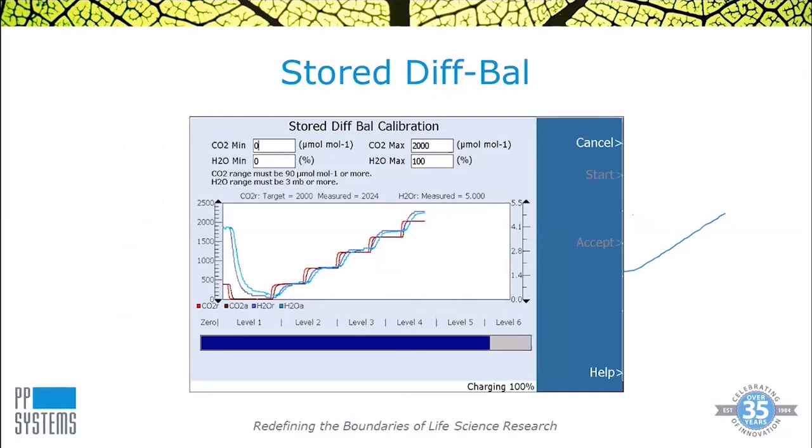You do the stored differential balance once the instrument is warmed up. It's done with a closed leaf chamber, and it takes about 20 minutes. The values you get are stable for the day, so you only have to do it once per day, first thing. And then you're ready to run ACi curves all day long.